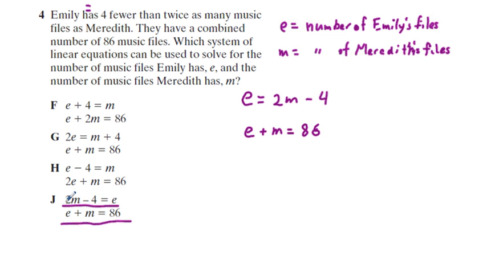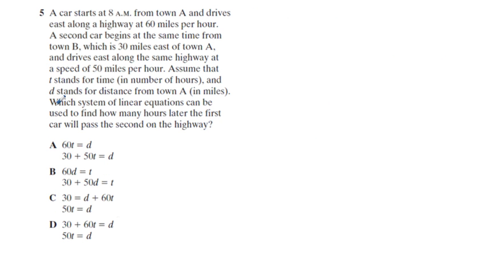You can see this thing written as, if you added 4, E plus 4 equals 2M. But J is our correct answer. So you got to play around with these a bit. You can try to solve these, see if an answer makes sense. Now number 5, the last one of our lesson, pause the video, solve the problem, then restart and see if you got it right.